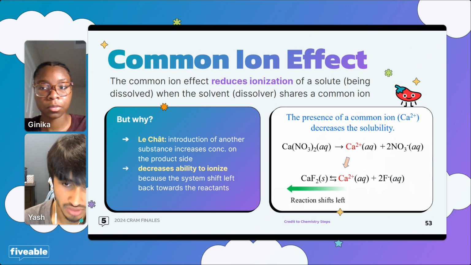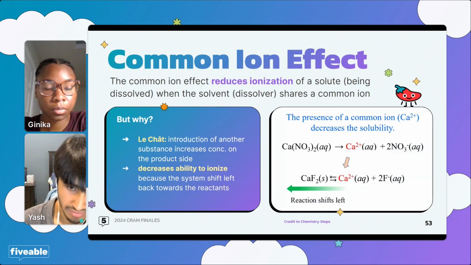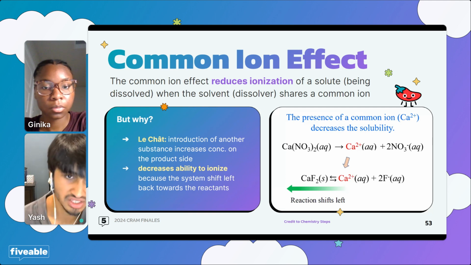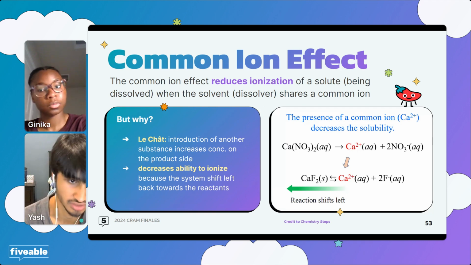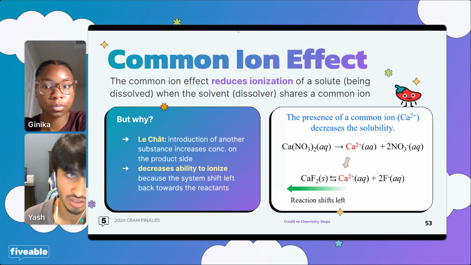Because what we'll be doing, in essence, is adding a product in the form of calcium 2 plus dissolved in water, which will be shifting the reaction left to form more of the precipitated calcium salt, the solid, undissolved calcium salt. This is basically just an application of Le Chatelier. So that's the common ion effect. When you see common ion effect, always think Le Chatelier.